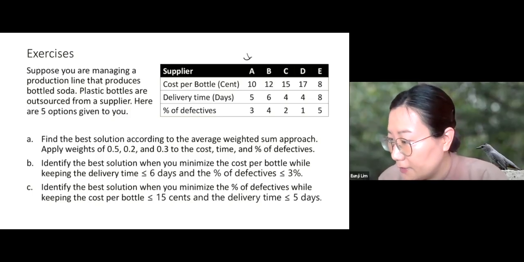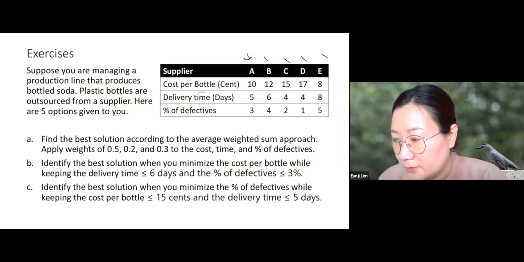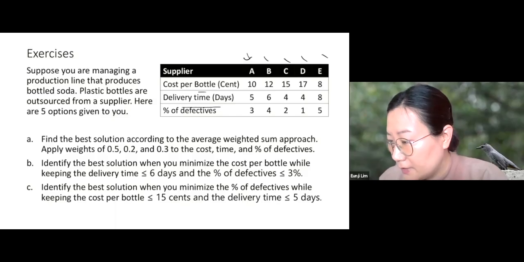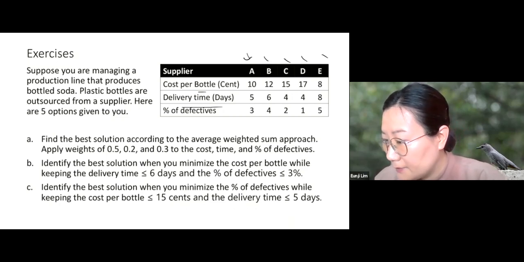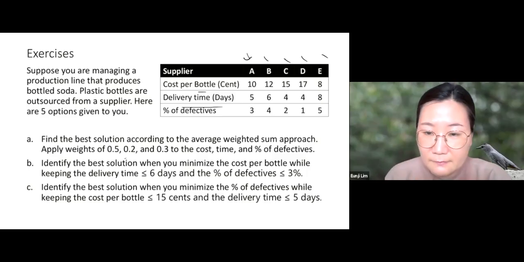We have 5 suppliers, A, B, C, D, E. There's the cost per bottle, which is 10 cents, 12 cents, etc. The delivery time is 5 days, 6 days, etc. The percentage of defectives, 3, 4, 2, etc. Part A, find the best solution according to the weighted sum approach. Apply weights of 0.5, 0.2, and 0.3 to the cost, time, and percentage of defectives.